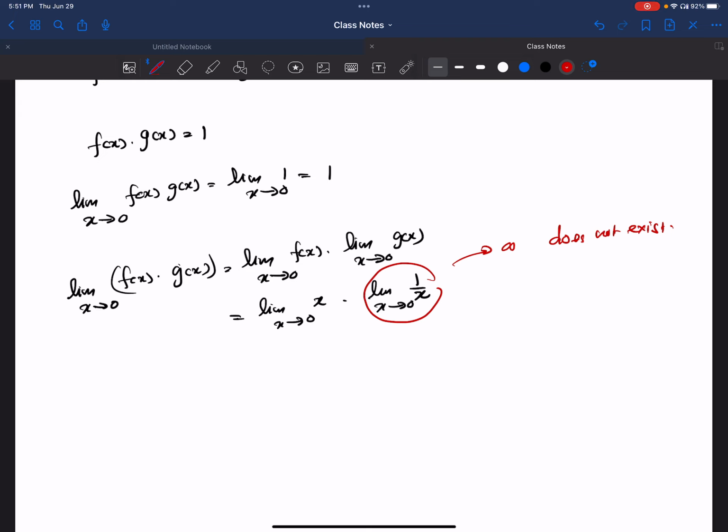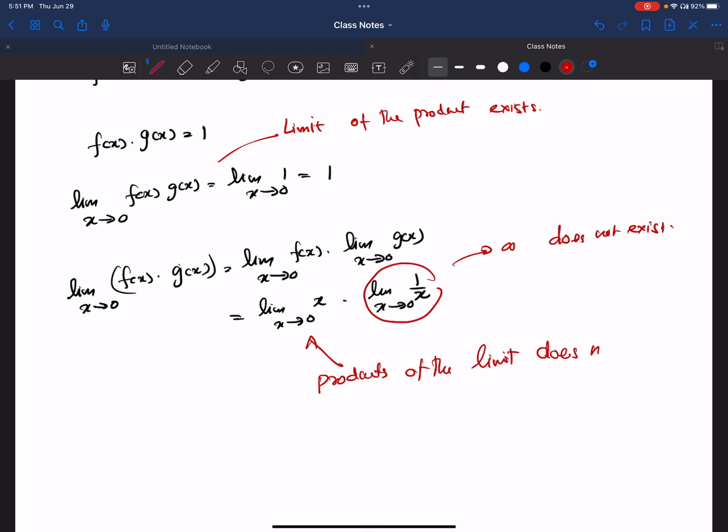So the limit of the product exists, but the product of the limits does not exist.